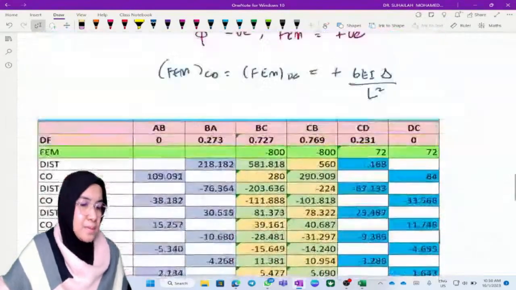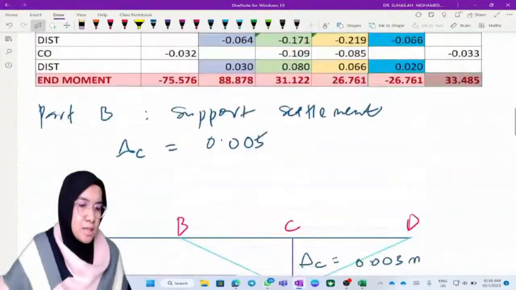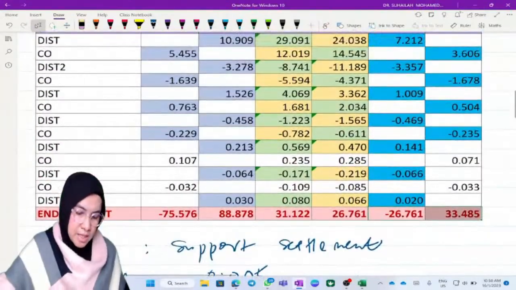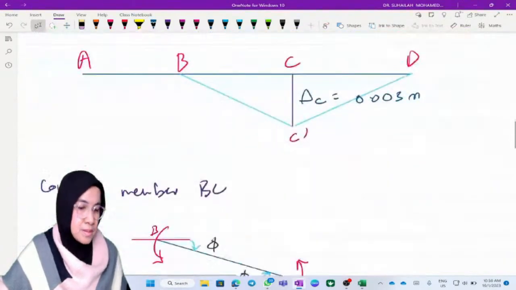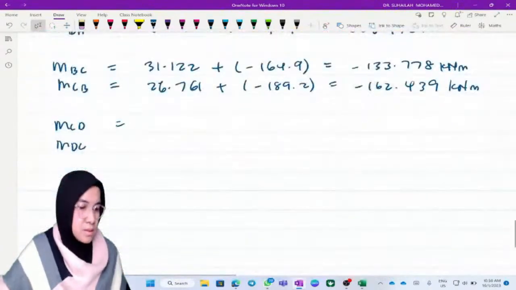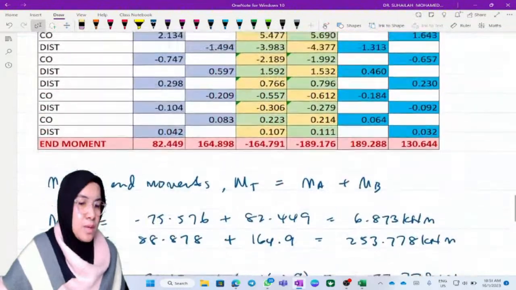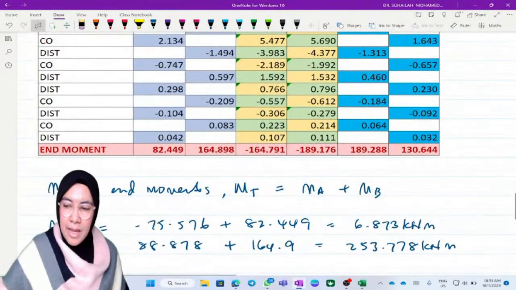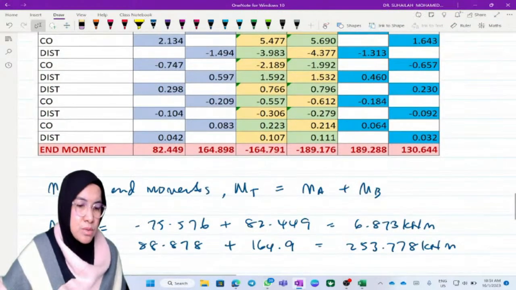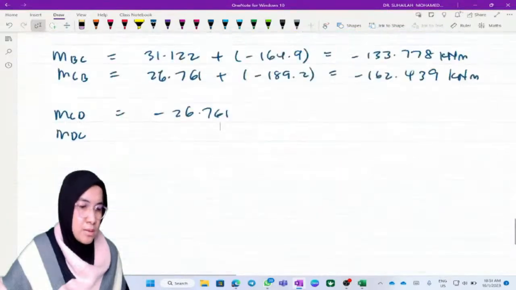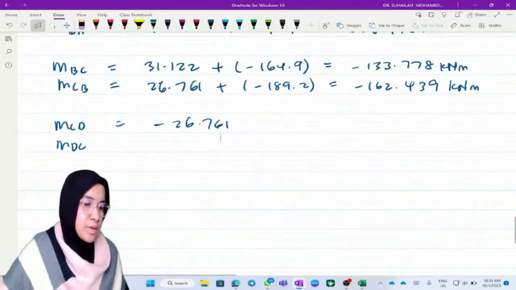MCD is negative 26.761 plus 189.2, because we assume 0.2.